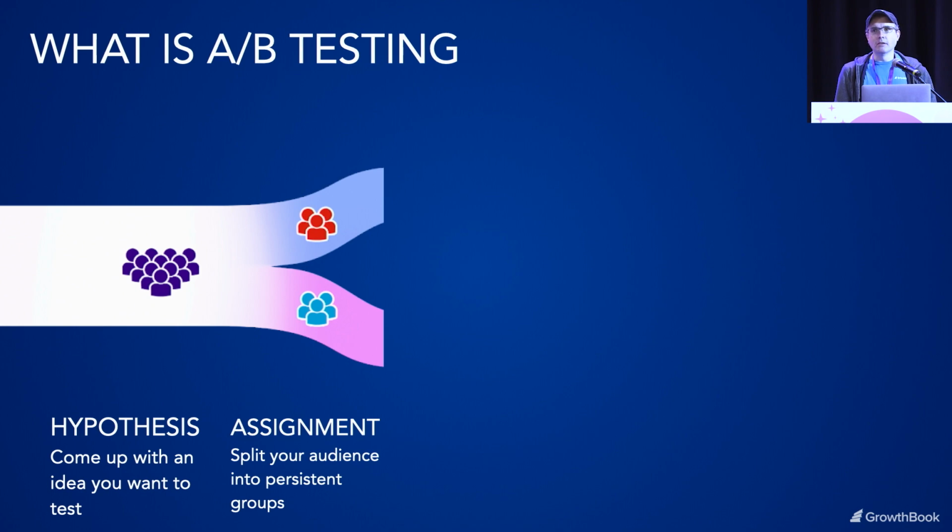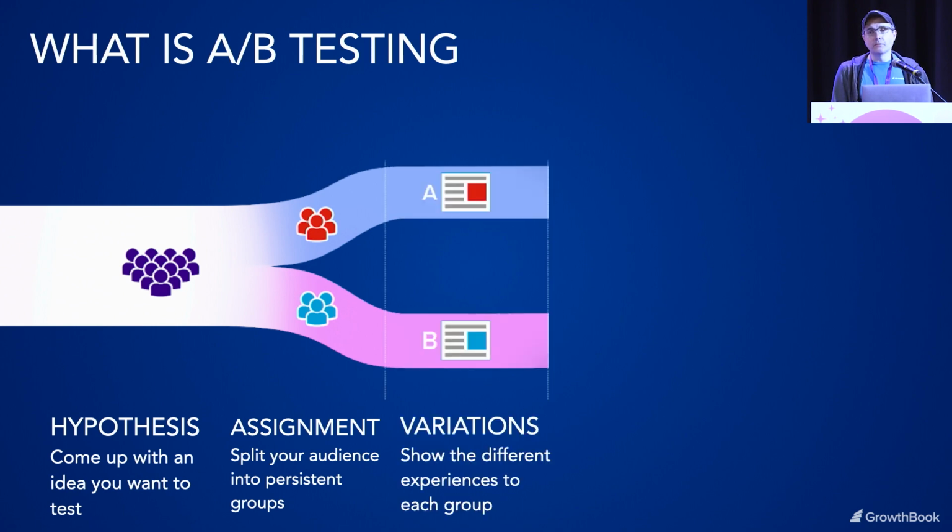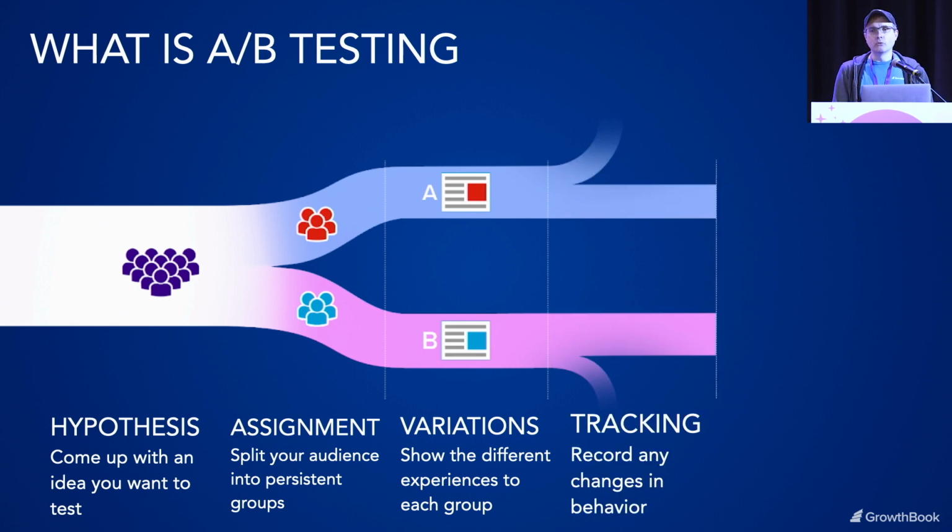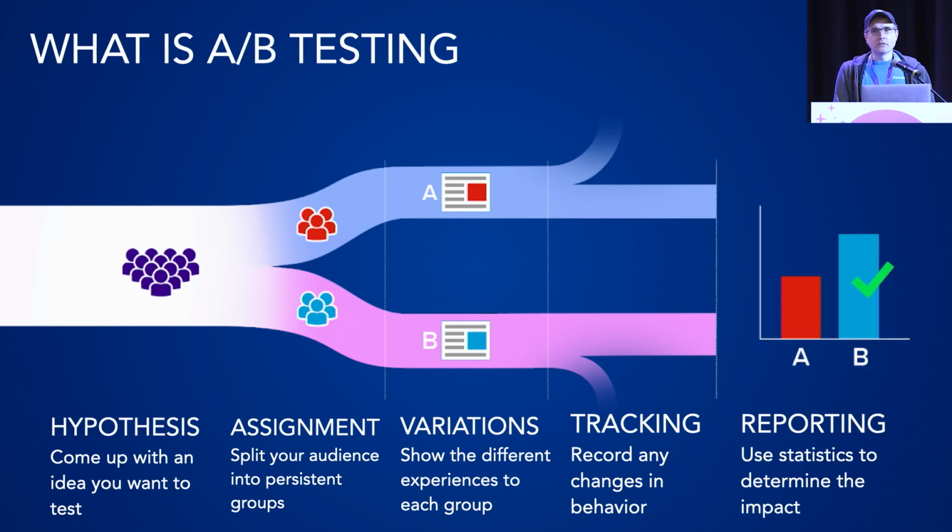You then randomly split that audience into 2 or more groups and assign them into the different variations, hopefully persistent. You then show them different experiences of your product or application or whatever it is you're testing. You then track how they behave through your application and then use statistics to figure out if those changes are significant. So there's obviously a lot more to it, but that's like a really high level.